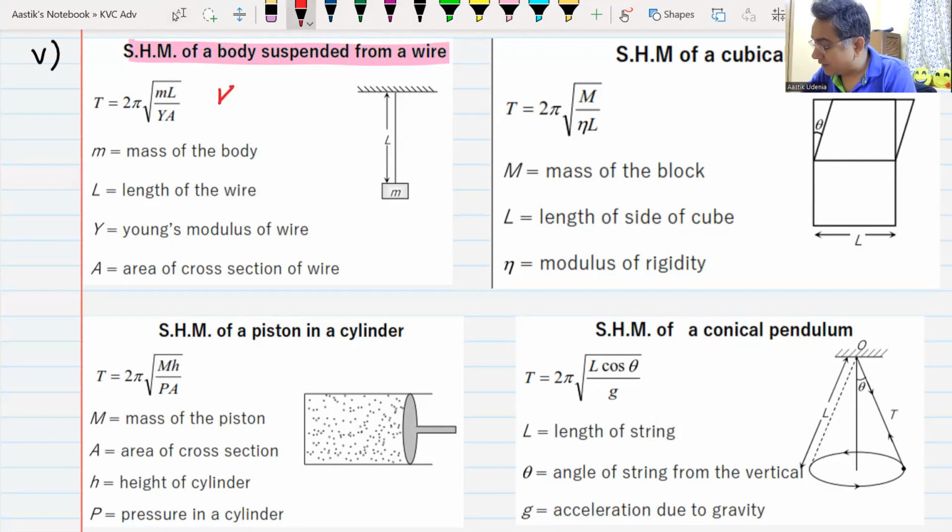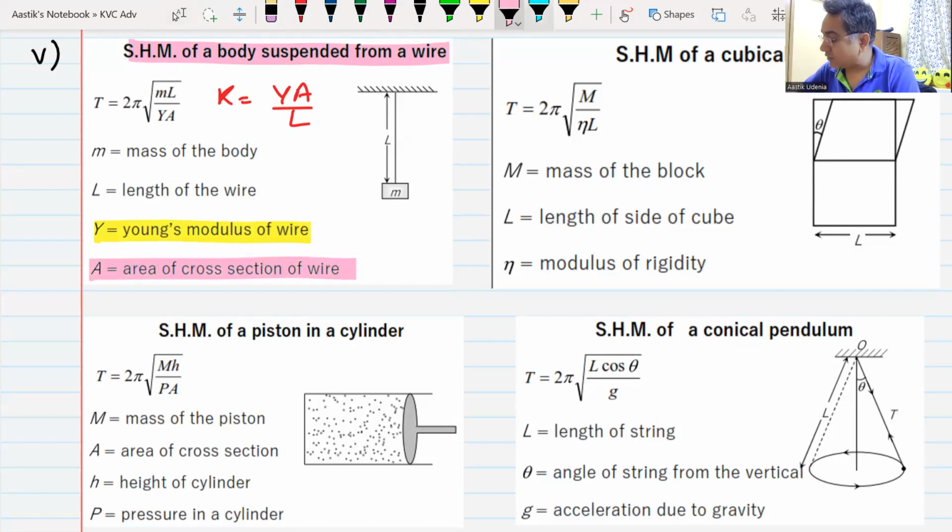In this case, k becomes YA by L, where Y is the Young's modulus. You may not have heard about this word. A is the area of cross section, and L is the length of the wire. This is case number 5, same as spring. We will come to this when we get time.